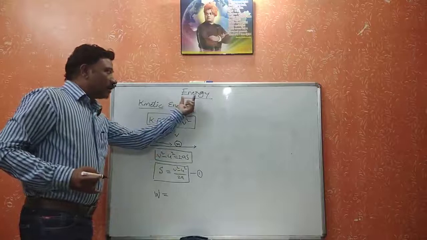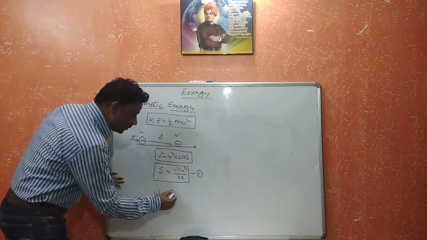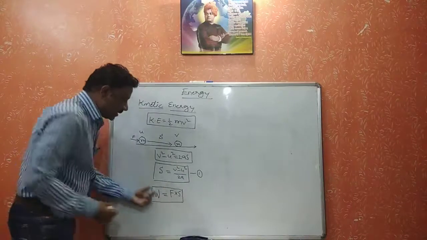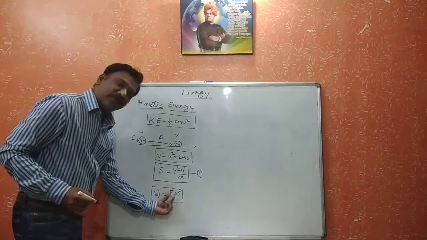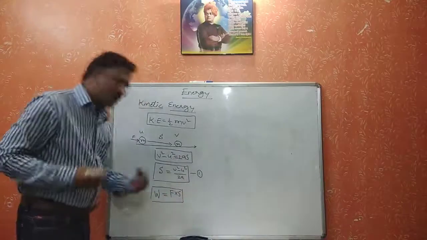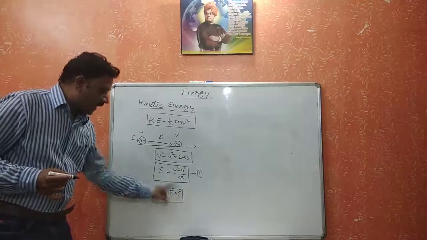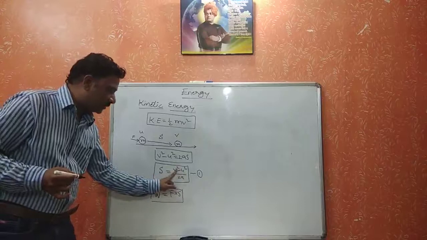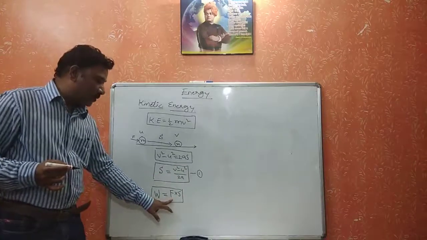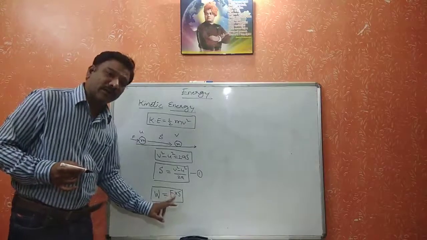According to the work knowledge, we know very well that W = F × S, where W represents the work, F represents the force, and S represents the distance of the object. So here we have the S value, that is S = (v² - u²)/2a. Then what do we have to write for F?